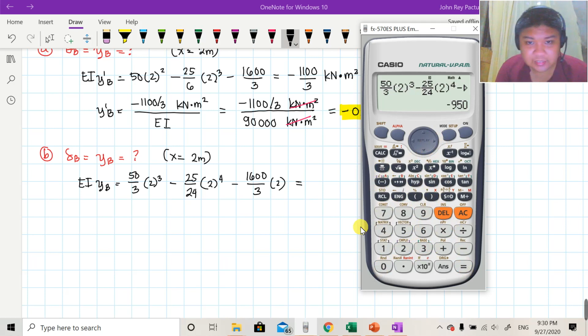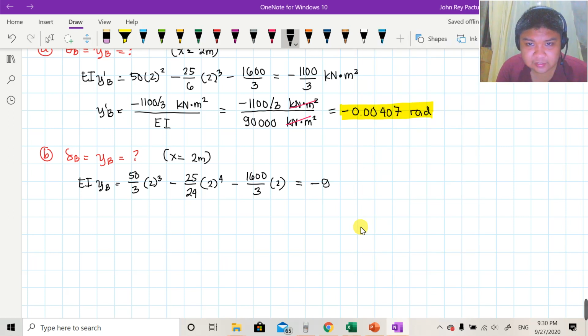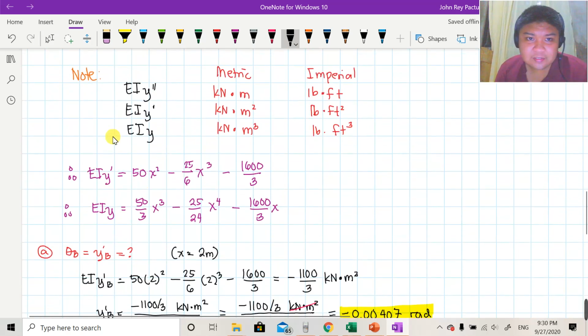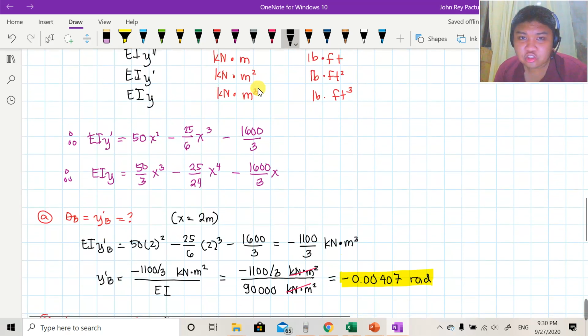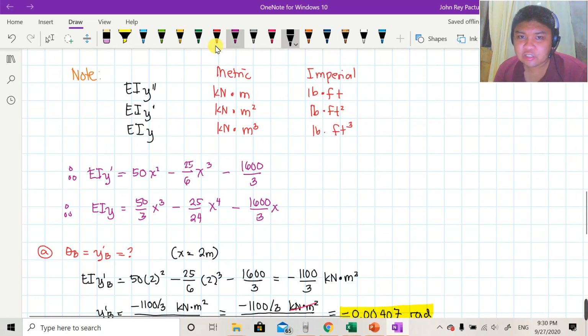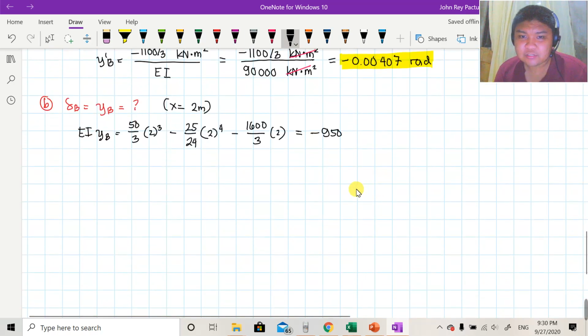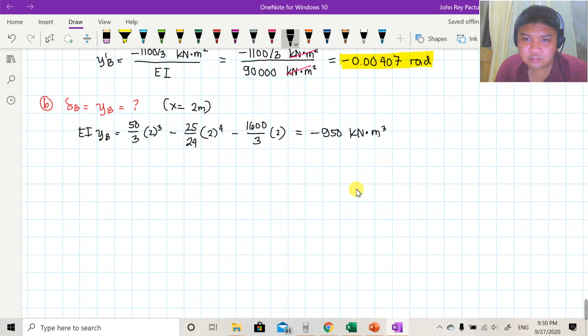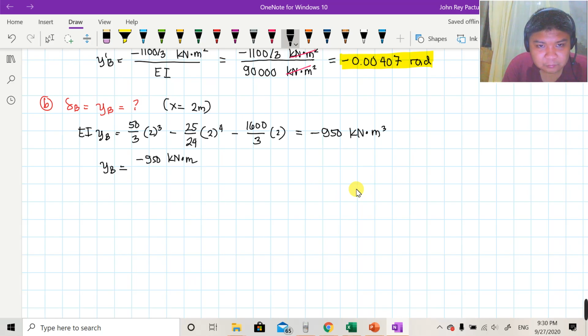Yes, negative 950 siya. So, lagay natin negative 950 and take note kapag EIY na, ang unit niya na dapat ay kilonewton meter cube. So, I hope no, ito yung magsisilbing gabay nyo para sa mga units. So, this must be negative 950 kilonewton meter cube. Pero ang kailangan natin ay deflection class, di ba? So therefore, ang magiging YB nyo is equal to negative 950 kilonewton meter cube.